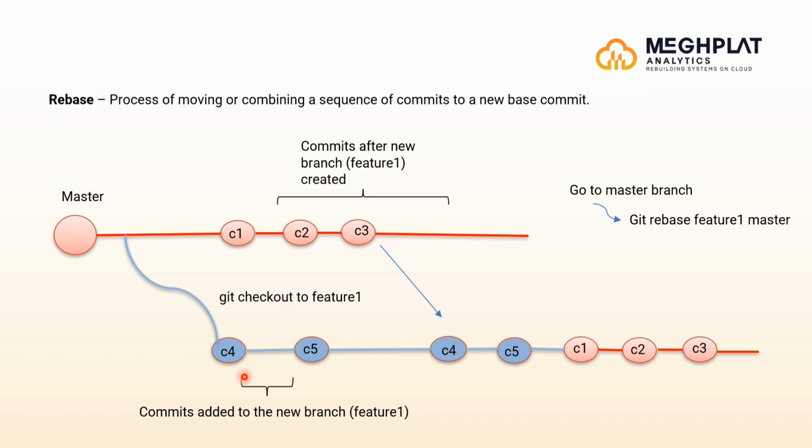And also here I'm making two commits, that is C4 and C5. I'm making some commits which are added to the feature one branch.